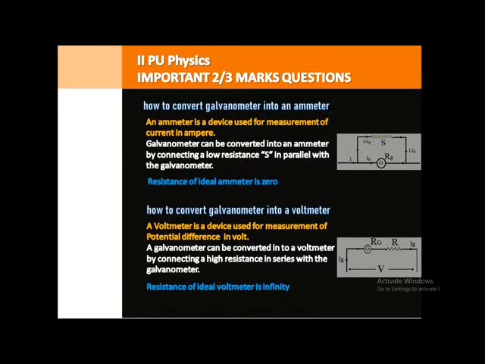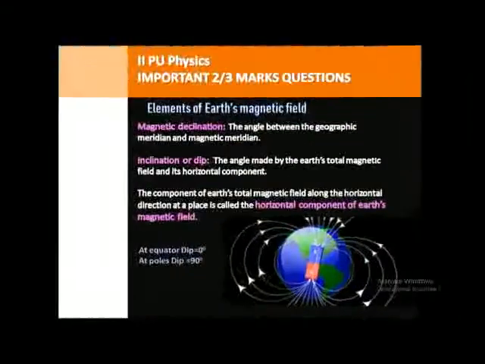Then how to convert a galvanometer into a voltmeter? A voltmeter is a device used for measurement of potential difference in volt. And this galvanometer can be converted into a voltmeter by connecting a high resistance in series with the galvanometer, and the resistance of an ideal voltmeter is infinity.